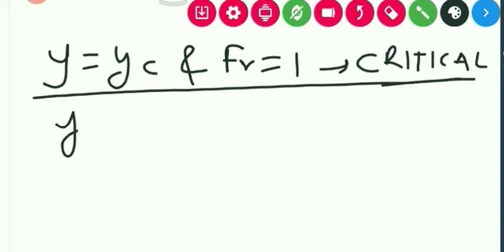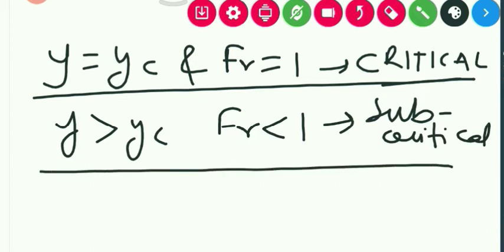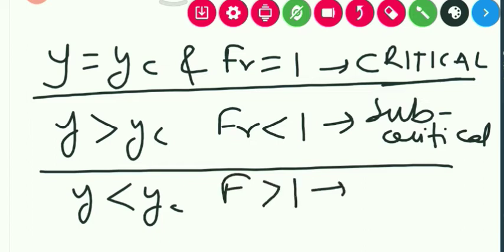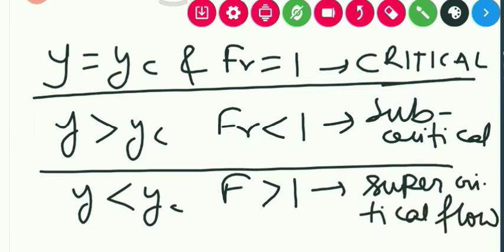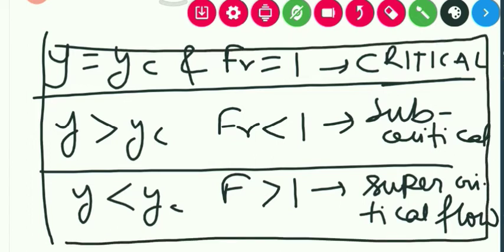For y greater than yc, Froude number is smaller than 1, which is called subcritical flow, and for y smaller than yc, Froude number is greater than 1, which is called supercritical flow. I hope this specific energy graph is clear.